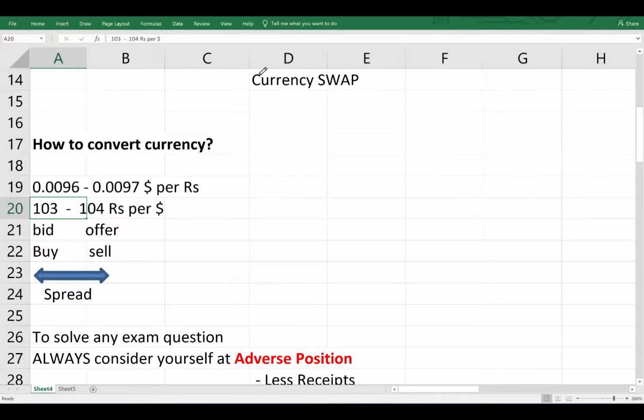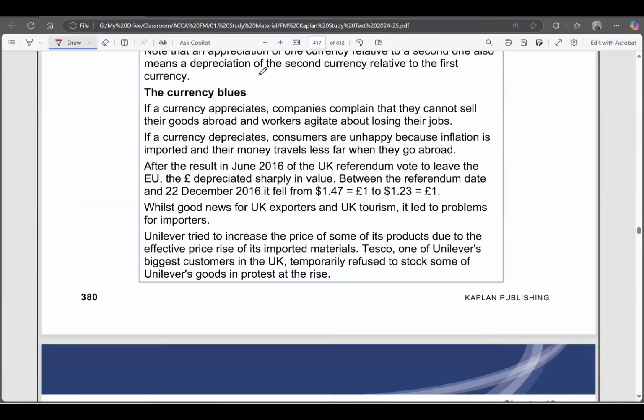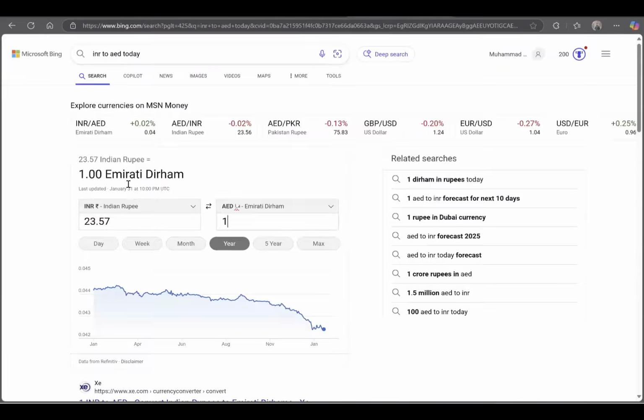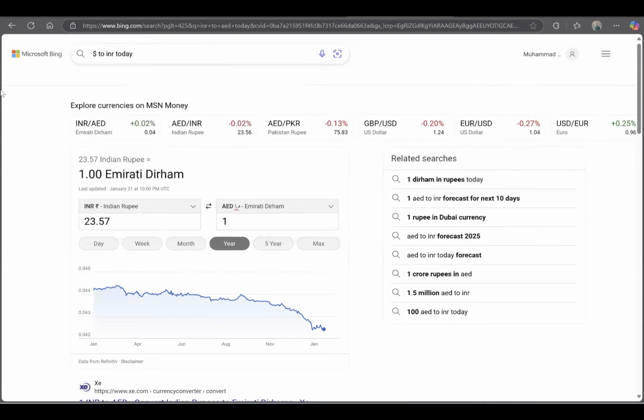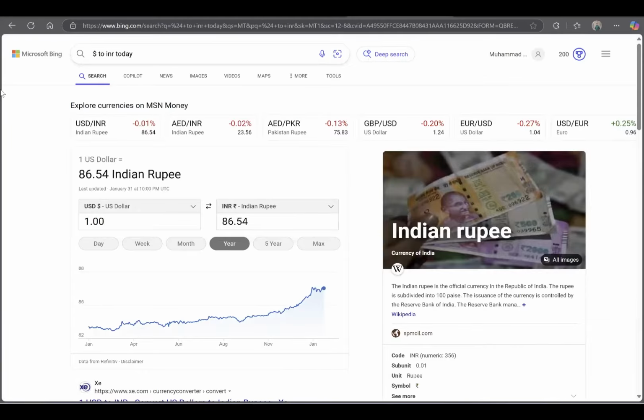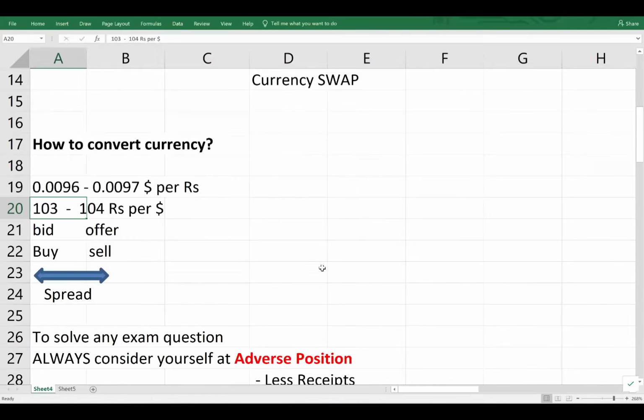Let me see what the rate is right now between INR and dollar. Let's say 86.54. We have the rate.